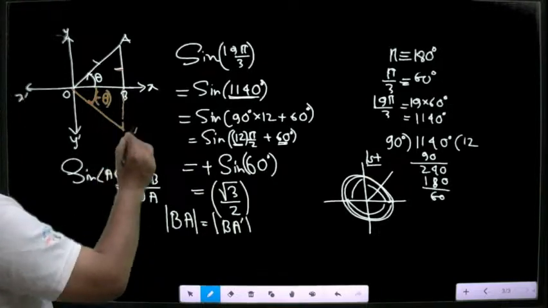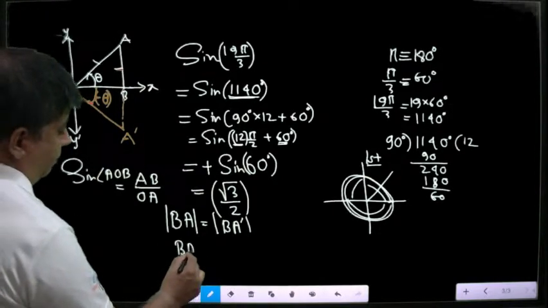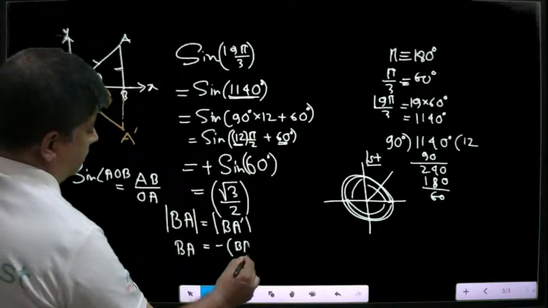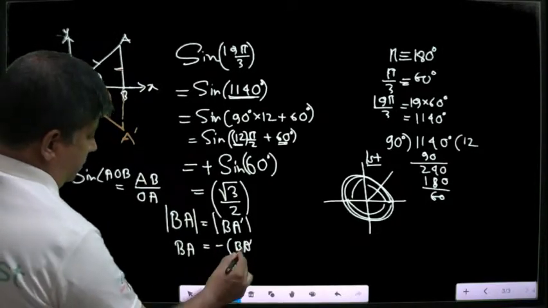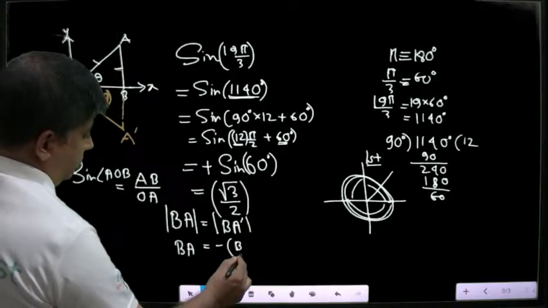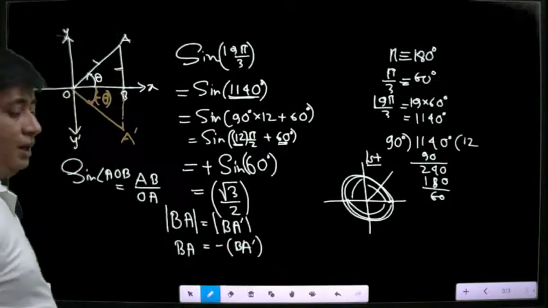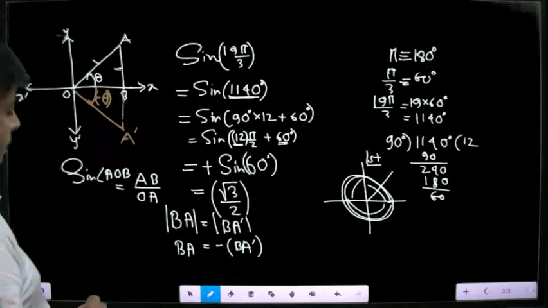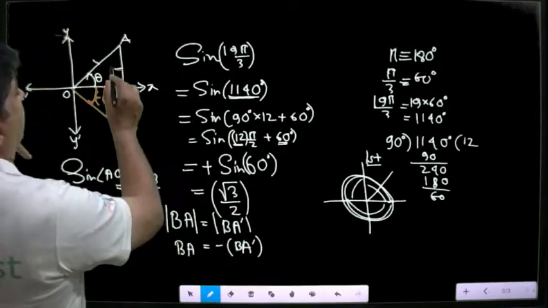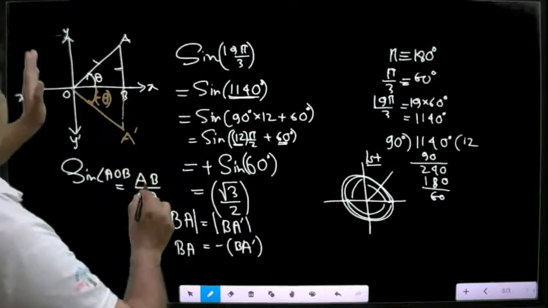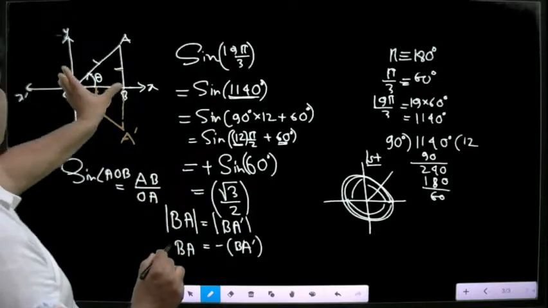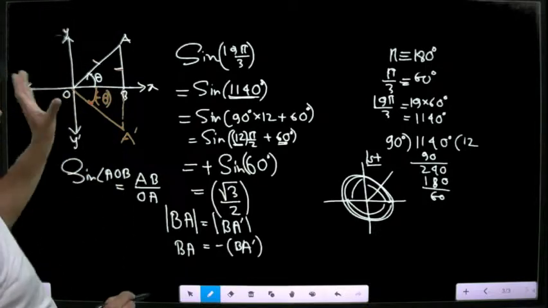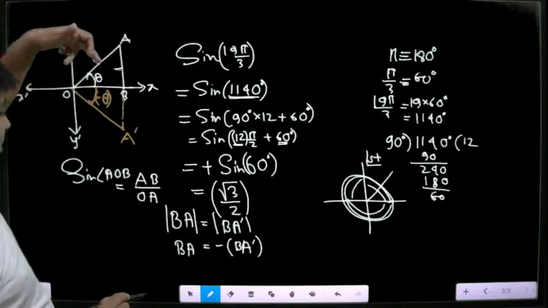But by direction, they are opposite, which implies BA is equal to minus BA dash. BA means you are going upwards, measured parallel to the y axis, and BA dash means you are going downwards, measured parallel to the y axis downward, that's why minus.